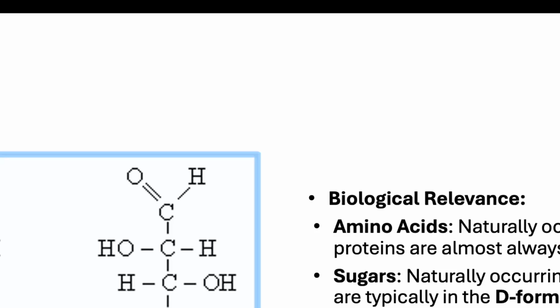So wherever you now encounter compounds like sugars or amino acids or proteins, you know that sugars are naturally the dextro type and amino acids are naturally the levo type, right? And L and D of the same amino acid or the same sugar are non-superimposable mirror images of each other, which are chiral molecules.